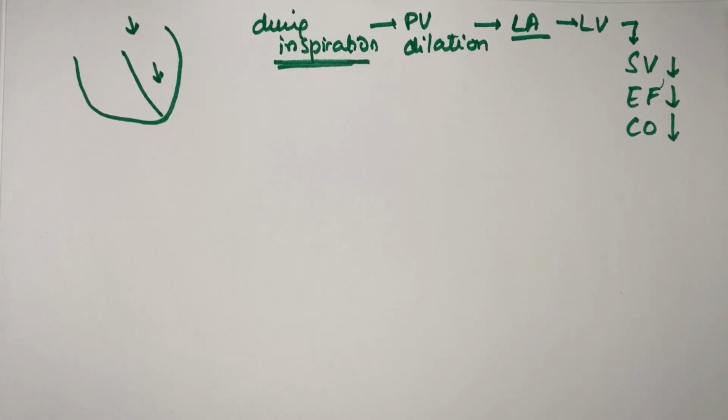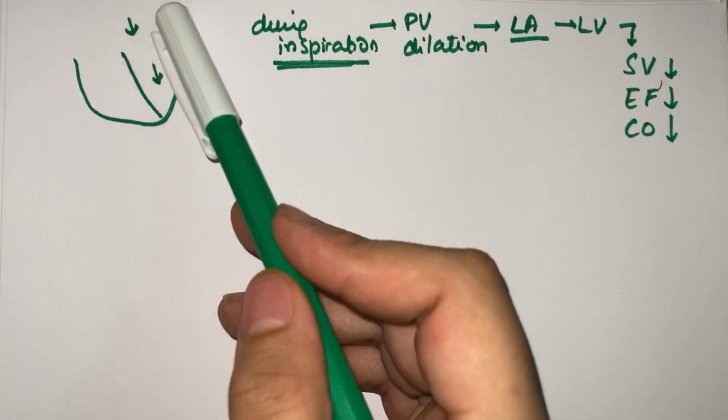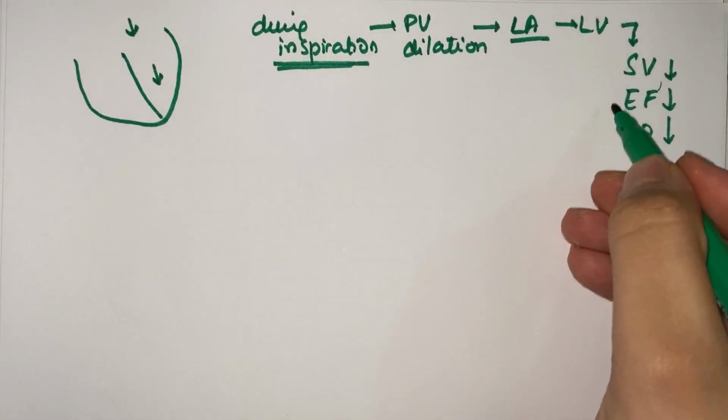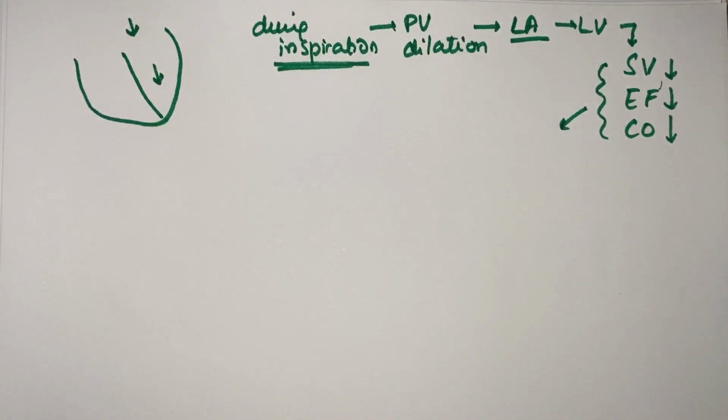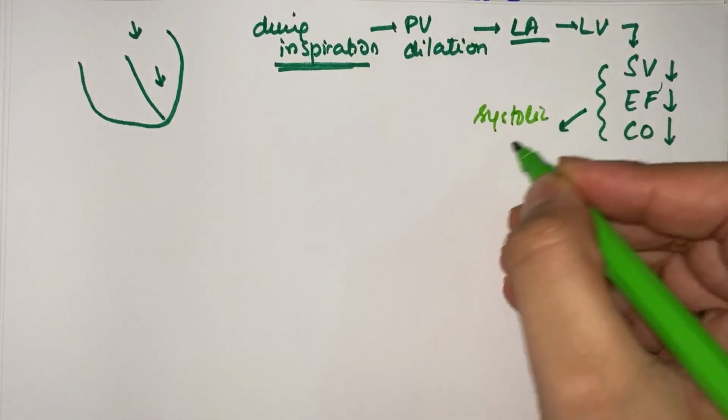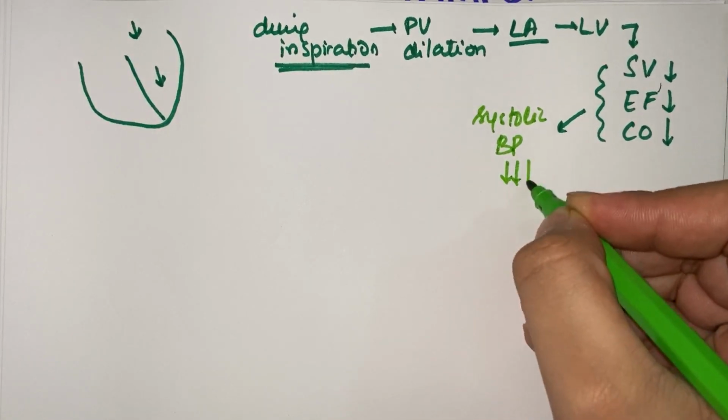So yeah, what is happening? Less blood is coming, already during inspiration this flow is reduced, and as a result our systolic BP will reduce.